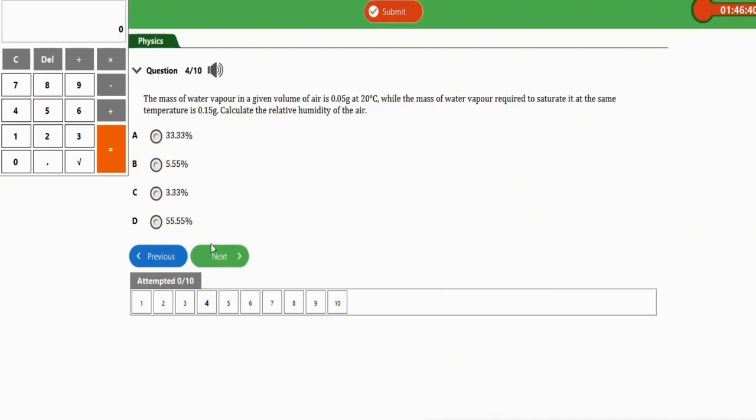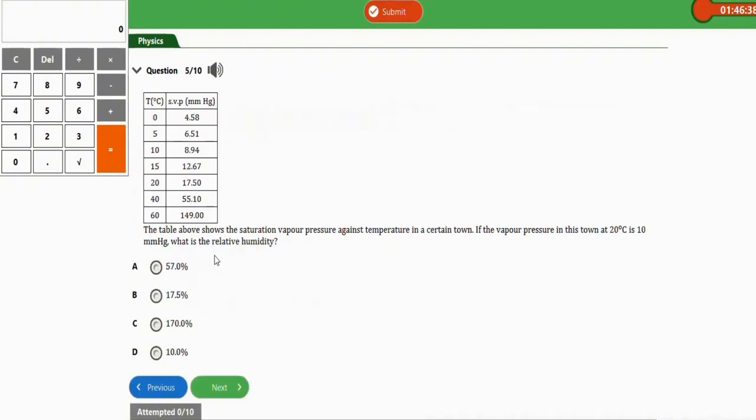Alright, so the next repeated question will be this question. It says the table above shows the saturation vapor pressure against temperature in a certain time. If the vapor pressure in this tank at 20 degrees Celsius is 10 millimeter mercury, what is the relative humidity?